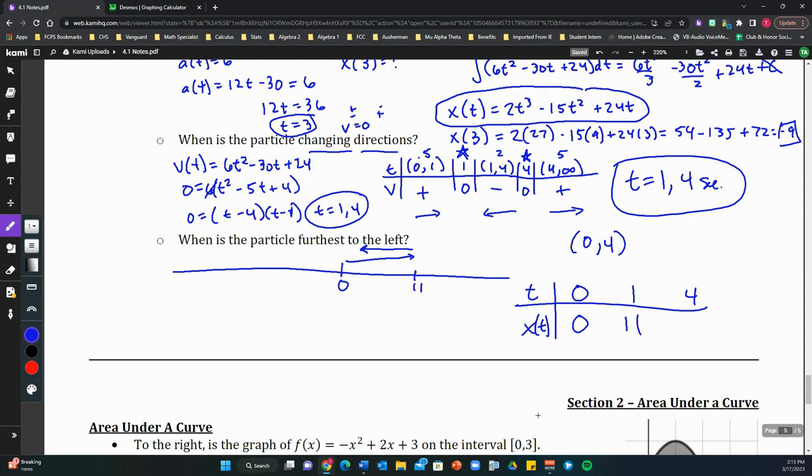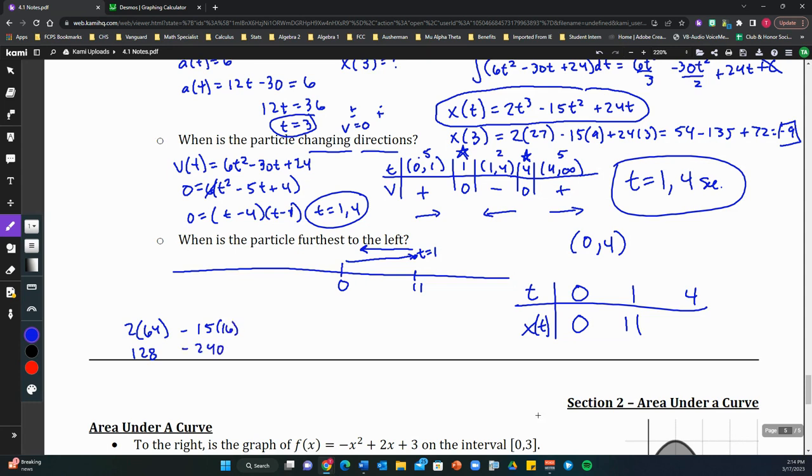So think about that in terms of your visualization. After 1 second, we are 11 units to the right. And now we're going to start moving back to the left. So we need to figure out what t equals 4 produces. So that one's going to require some math. 4 cubed is 64, or 128. Minus 15 times 4 squared is 16.